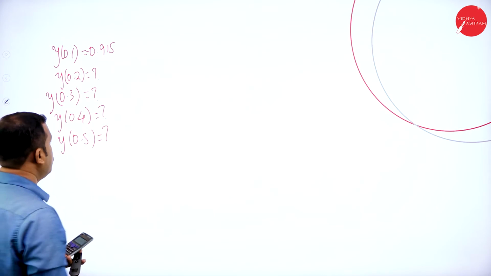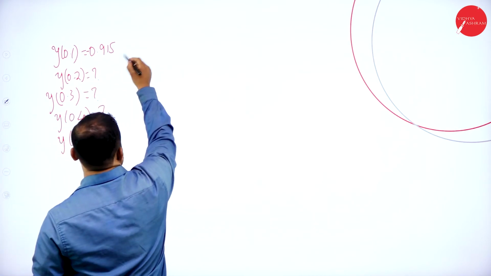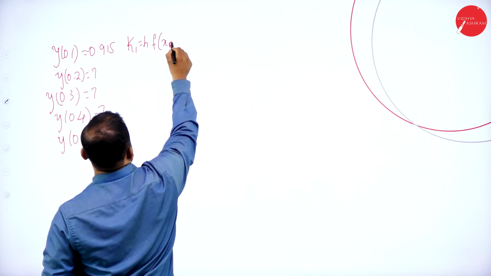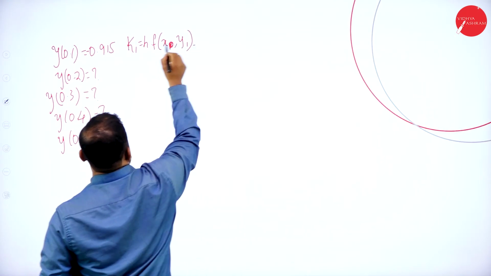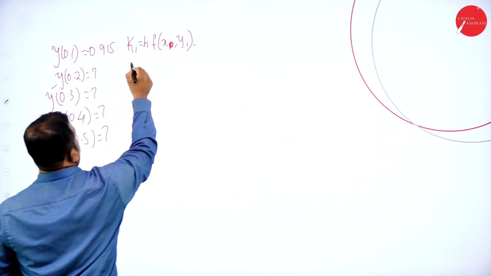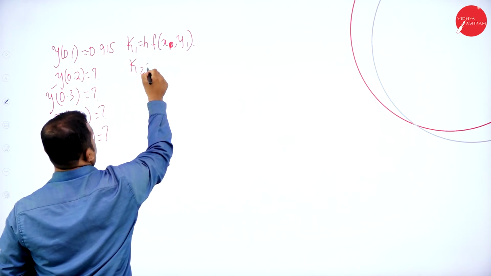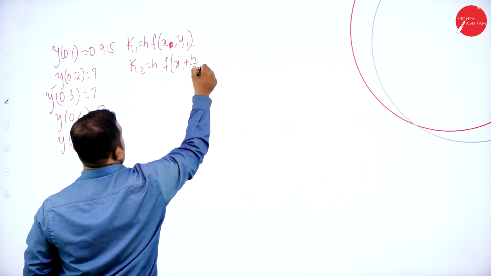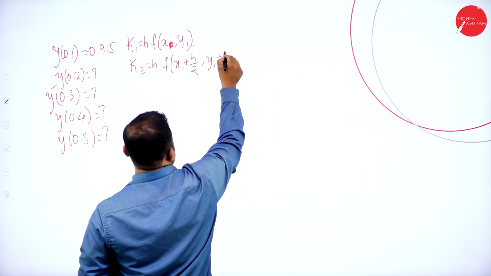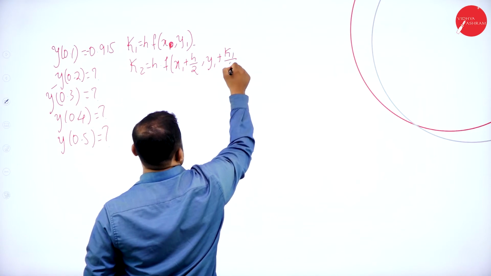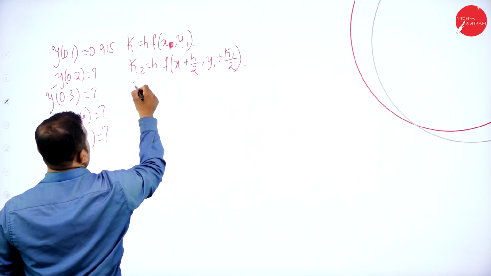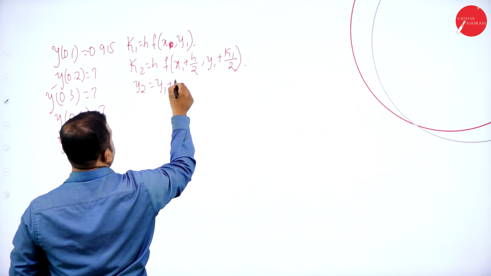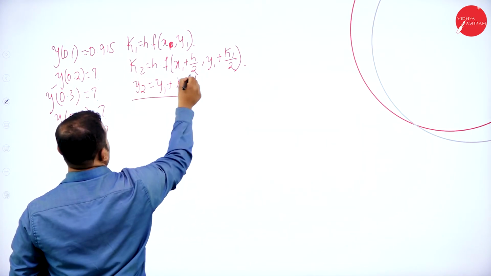If that is the case, y of 0.2 is determined with respect to k1 is equal to h into f of x1 comma y1 now, because I am in y2. So k2 is equal to h into f of x1 plus h by 2 comma y1 plus k1 by 2. This is the formula. So y2 is equal to y1 plus k2. This gives me the value of y2.